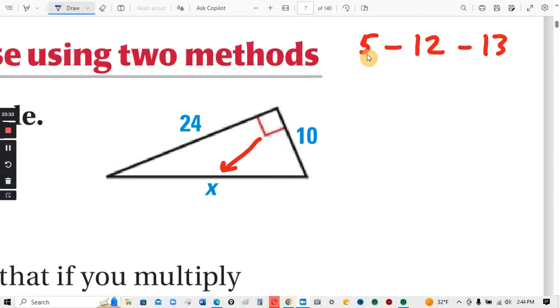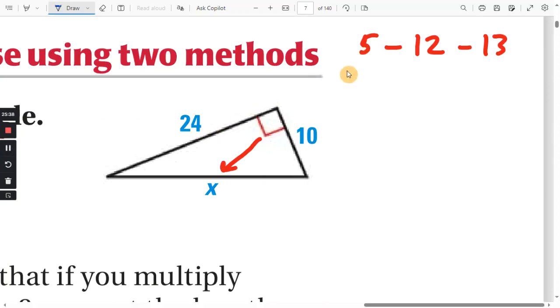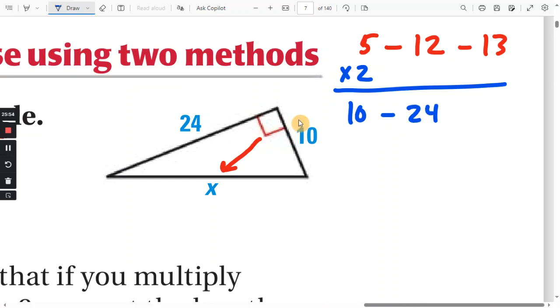So these are the side lengths, 5, 12, 13. And we have 10 and 24. Well, let's see. If we take the 5 and we do times 2, we're going to get 10. This is a dash, not a minus sign. And if we do 12 times 2, we're going to get 24. So we have the 10, we have the 24. How do we get the x? Well, we just do 13 times 2, and that's going to be 26.